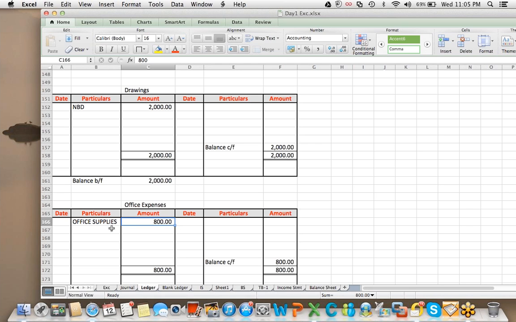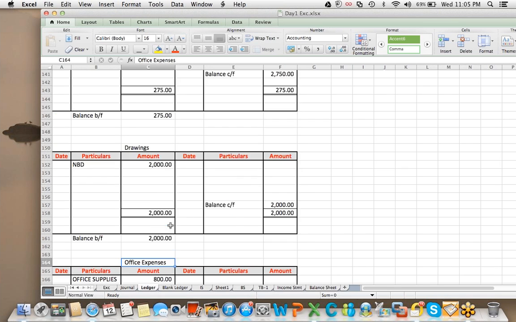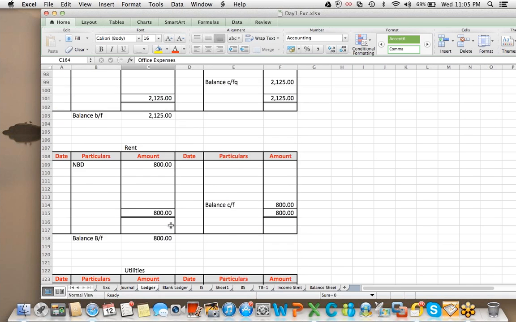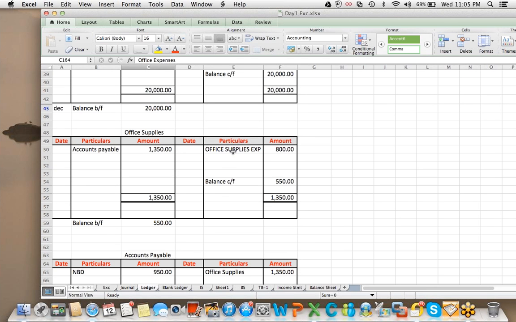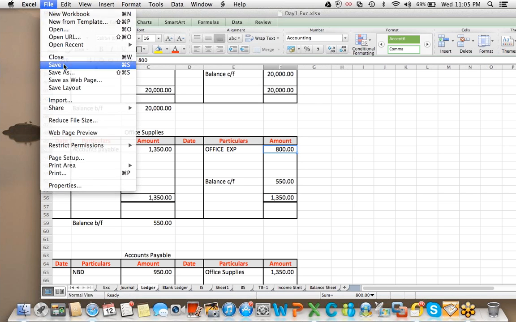And the office supplies account should be credited by office expenses with 800, right? Office supplies is here. Office expenses account, not supplies account. That's an error. Office expenses account 800. Okay. Next.